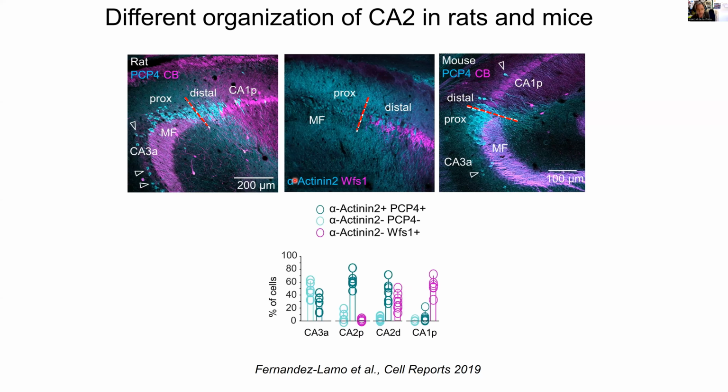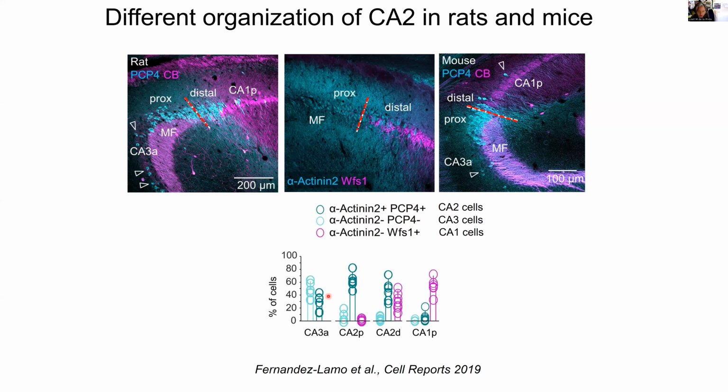So using alpha-actinin and PCP4, we look for the distribution of alpha-actinin positive PCP4 positive cells, alpha-actinin negative PCP4 positive cells, and alpha-actinin negative, FS1 positive cells, which are presumably the different types. So these are CA2 cells, these will be CA3 cells, those will be CA1 cells.